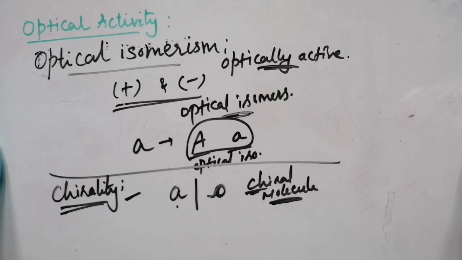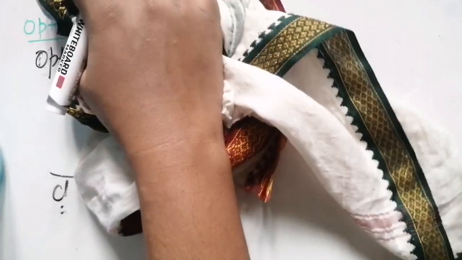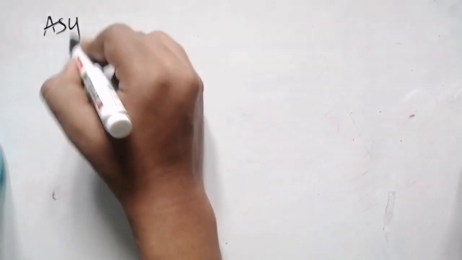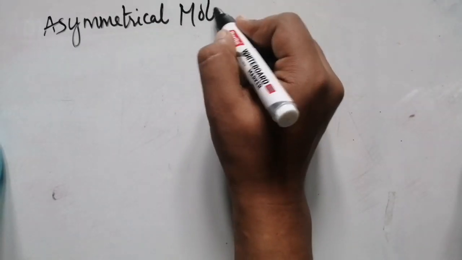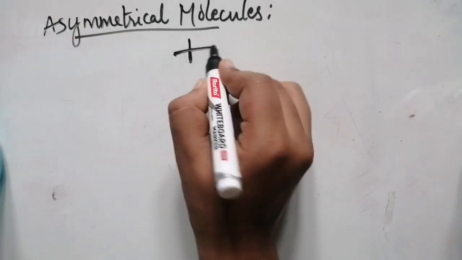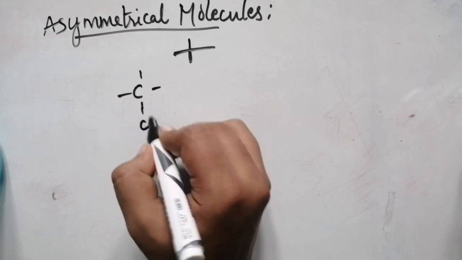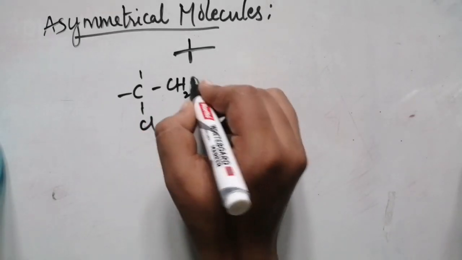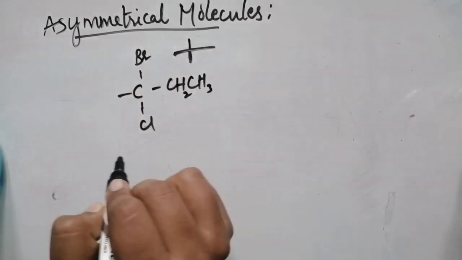The next definition to be learned here is asymmetrical molecules. We all know what is meant by symmetry. In terms of chemistry, I have a carbon with Cl here, I have CH2CH3, I have Br here, and I have I here.